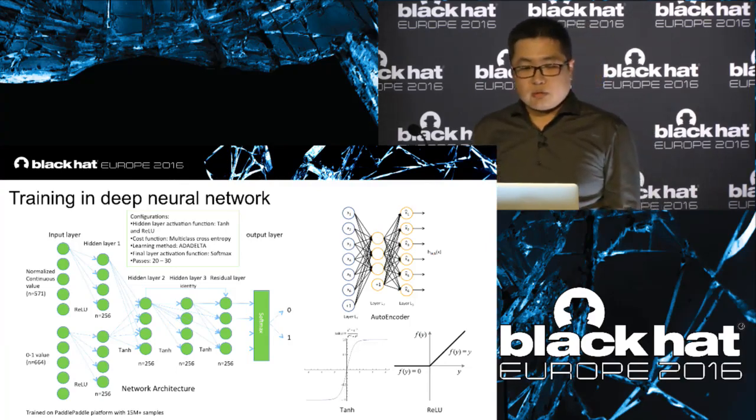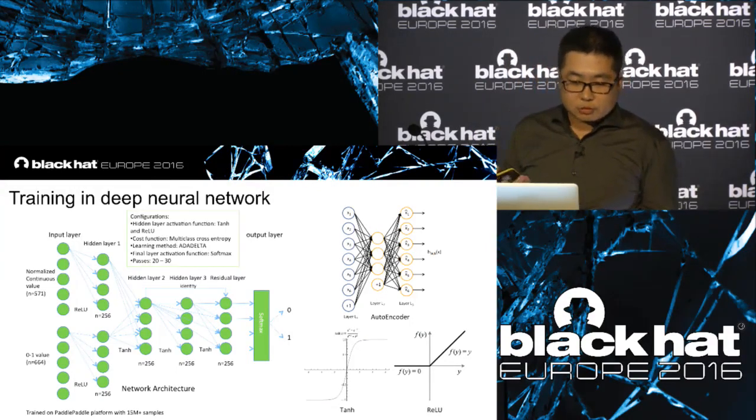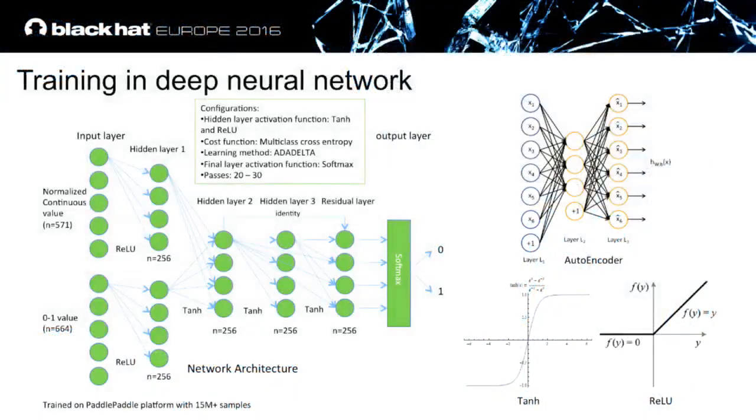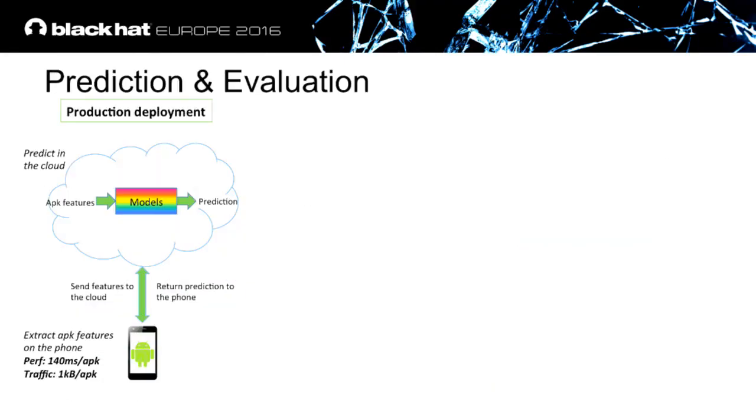Softmax can be used for a multi-classification problem, and the training passes are 20 to 30. 100 passes will cause overfitting. That's it. So after training, we get the models. Then we can do the prediction.